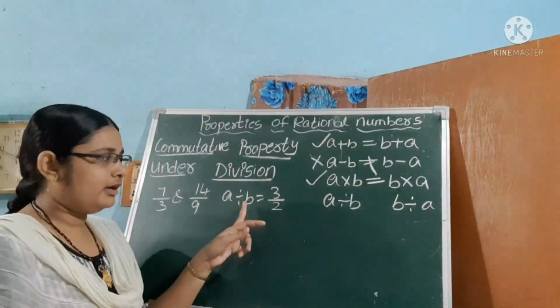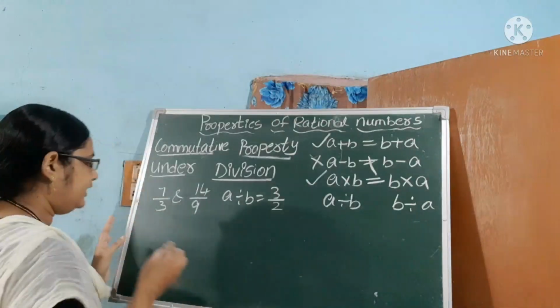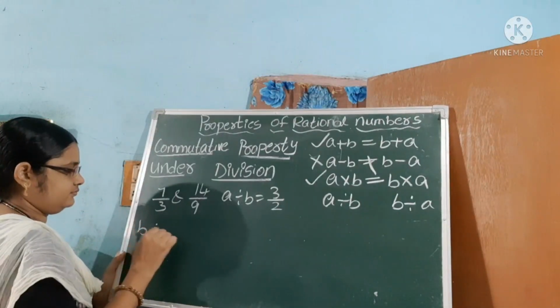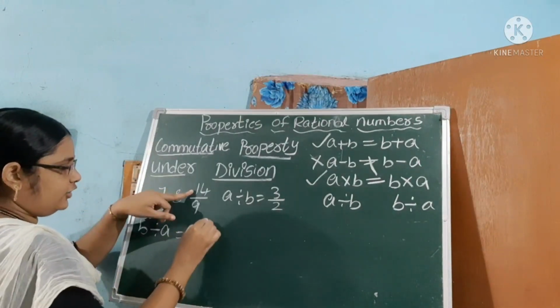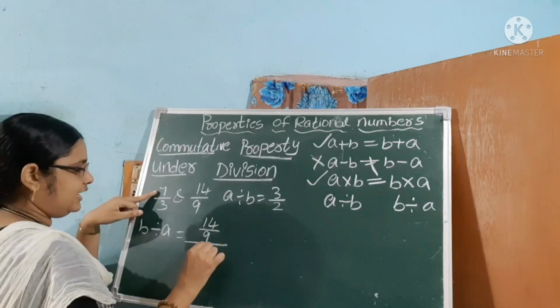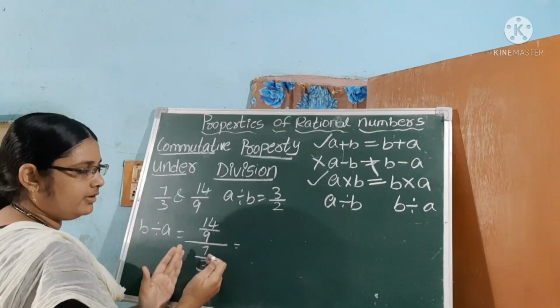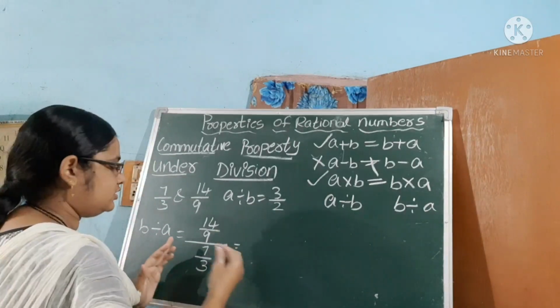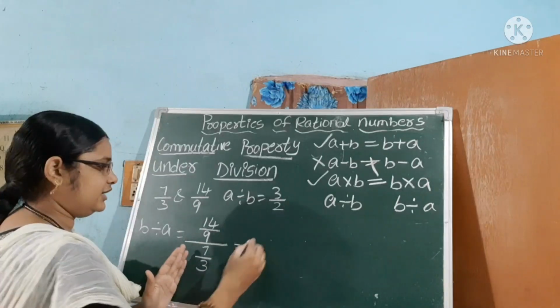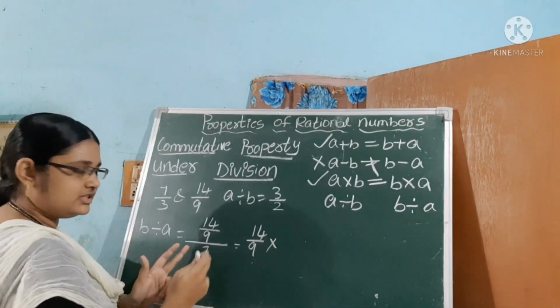So A divided by B value is 3 by 2. Let us check B divided by A. B value 14 by 9 whole divided by 7 by 3. Just take this denominator into the numerator, so let us change division into multiplication. So 14 by 9 into the reciprocal.